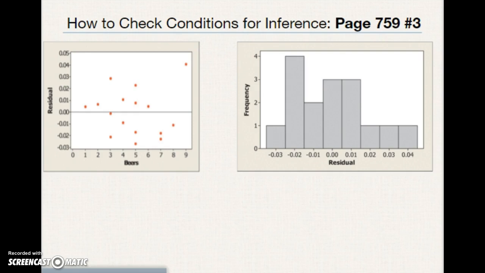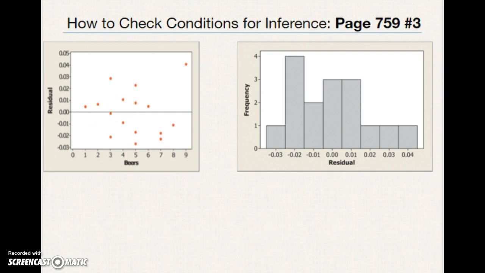for this problem. They just gave you a residual plot and the histogram. But again, when you look at the residual plot, you should notice that there's no pattern to the residual plot. It's all spread out, scattered, and that's what you want to see to meet that first condition. So you'd have to provide this graph if it's not provided, and then just say there's no pattern to the residual plot.